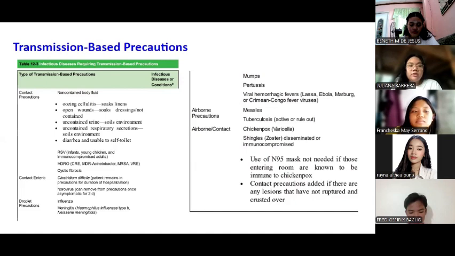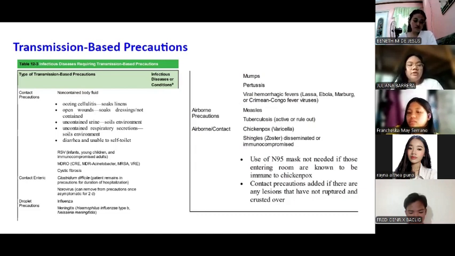So for contact precautions, the diseases under it are oozing cellulitis, open wounds, uncontained urine, uncontained respiratory secretions, diarrhea, RSV, MDRO or multi-drug resistant organisms, and cystic fibrosis. Under contact enteric, Clostridium difficile and norovirus infections.